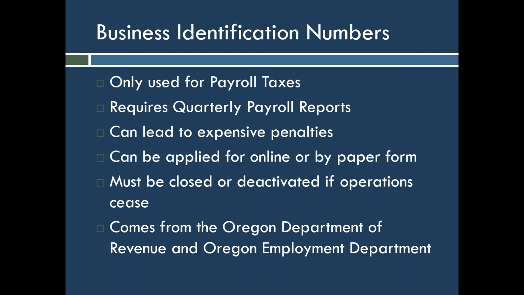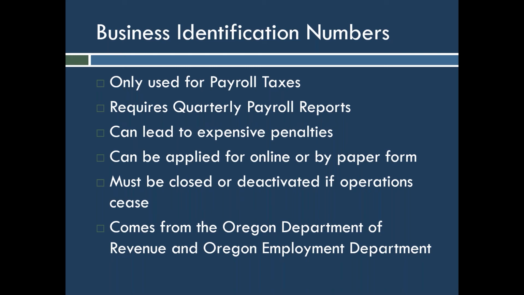If you have a BIN and your business closes or you eliminate all of your staff, you must proactively close or deactivate your BIN or continue filing quarterly payroll reports indefinitely. It is one of the few things that you have to do if you're closing a business in Oregon.